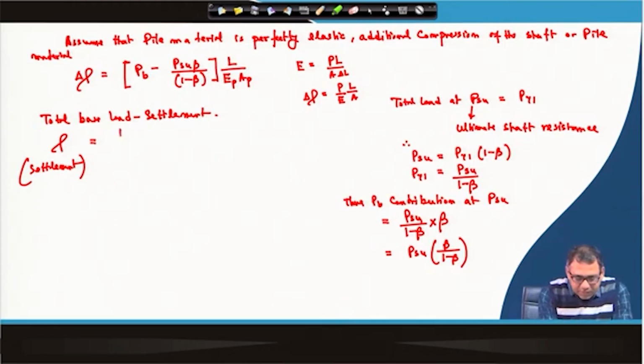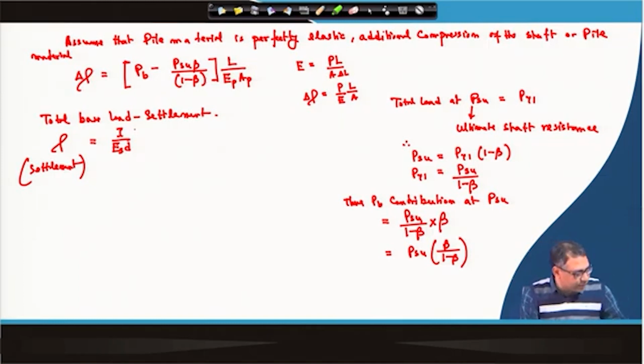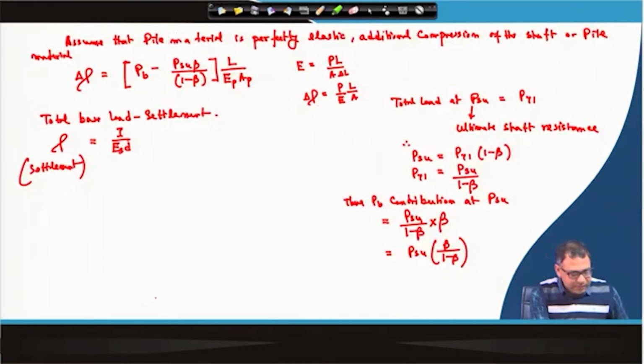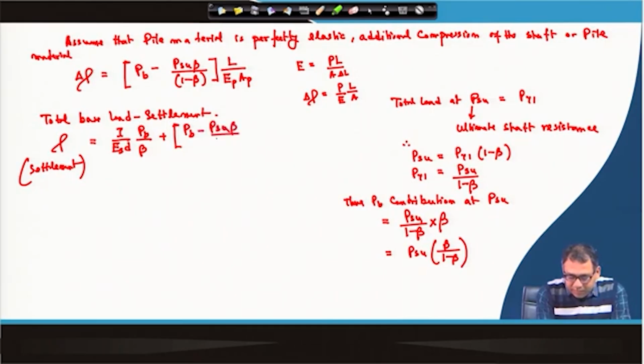The settlement due to the soil will be I by E s d, times P, and P we will convert in terms of the base, so this is P b divided by beta. Then plus the pile settlement, P b minus P s u beta divided by 1 minus beta, into L by E p A p.